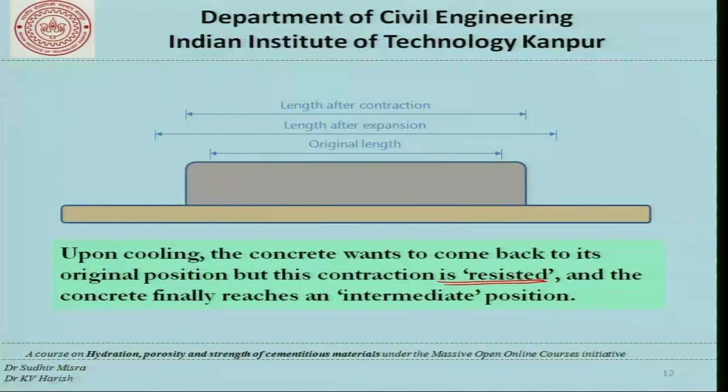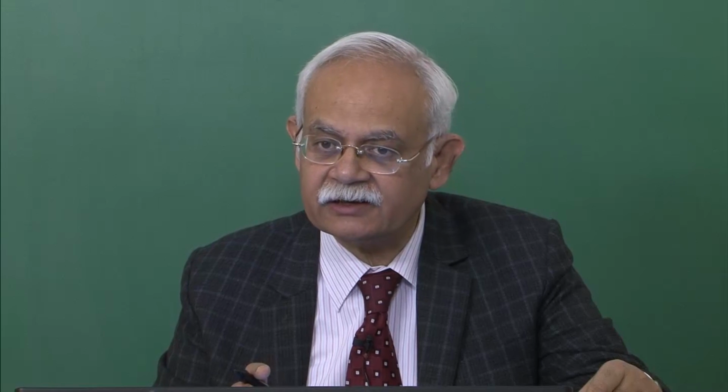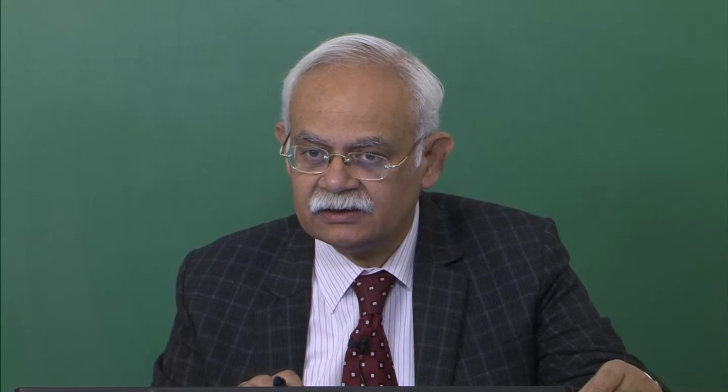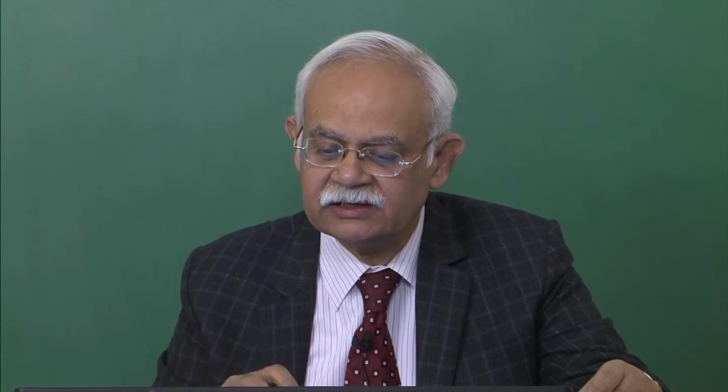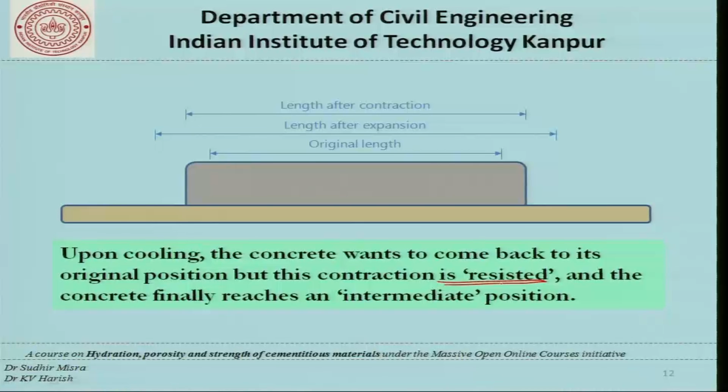One is that concrete at that early age is rapidly hardening, and therefore it becomes more difficult for concrete to contract, compared to the situation when it was expanding under the effect of elevated temperature. The second part of the resistance comes from the restraint which the interface offers.